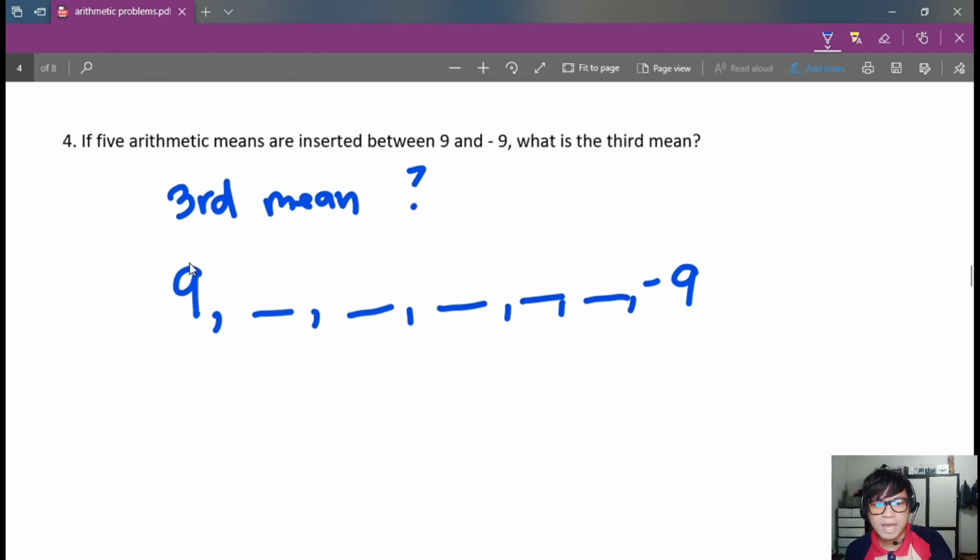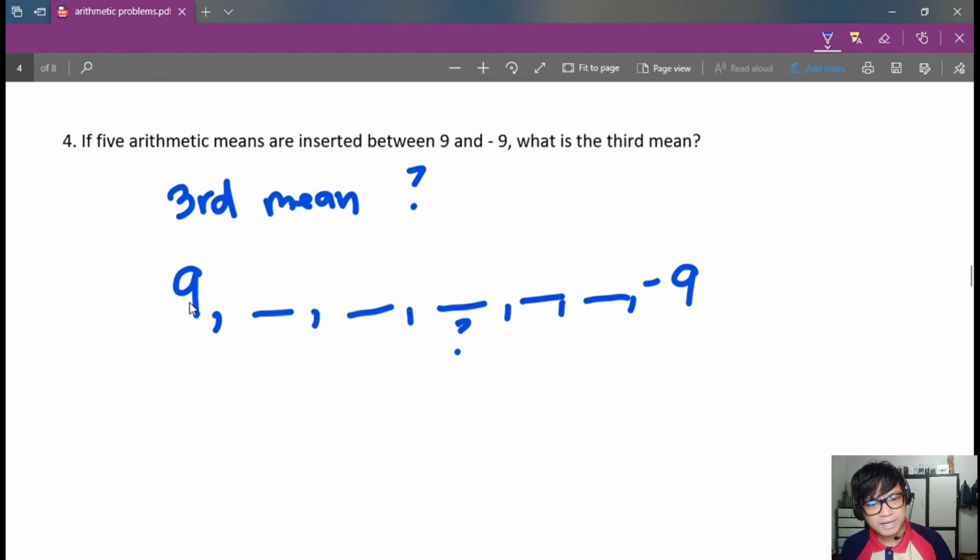So, there are 5 arithmetic means between 9 and negative 9. So, ang hinahanap natin sa problem is ano yung third mean. So, ito yung first arithmetic mean, second arithmetic mean, ito yung third. So, ito yung hinahanap natin. Pero, kailangan na lang natin i-supply lahat ng means para makuha natin yung third mean.